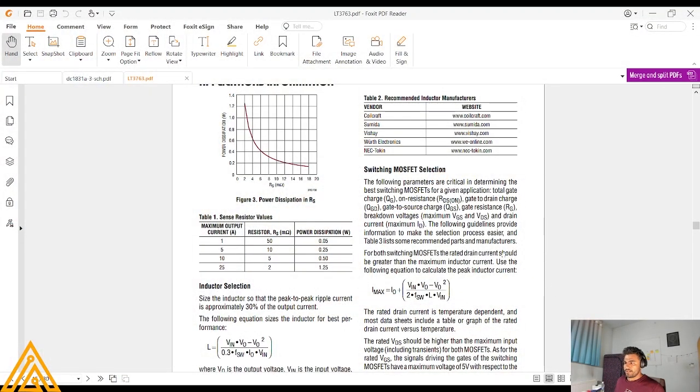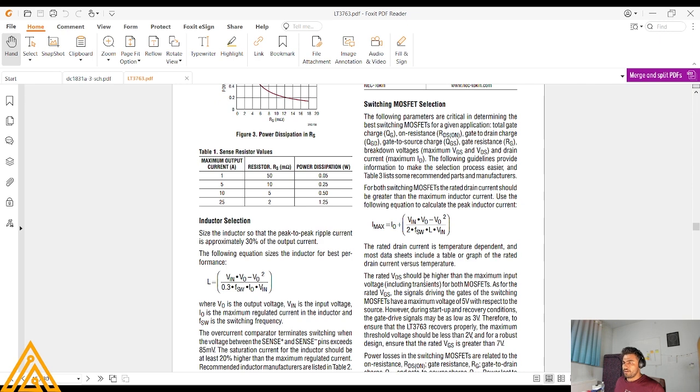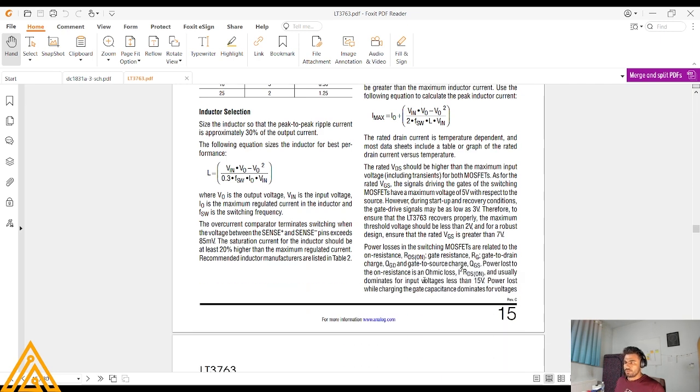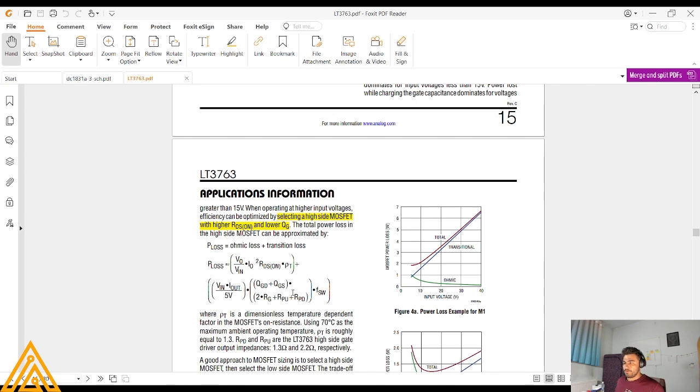In the switching MOSFET selection, as you can see, the amount of maximum current is calculated from this formula. After you have calculated the maximum current, you must know about the power loss of each MOSFET that you have put.